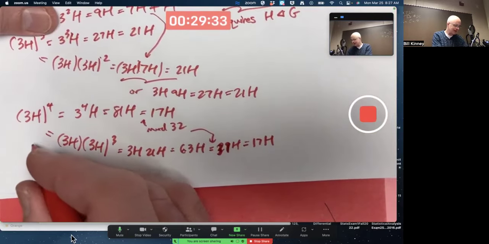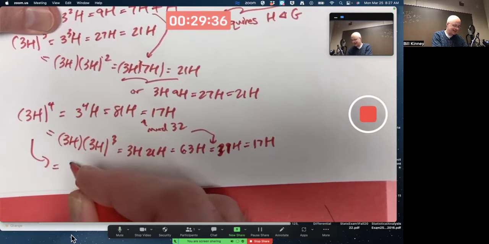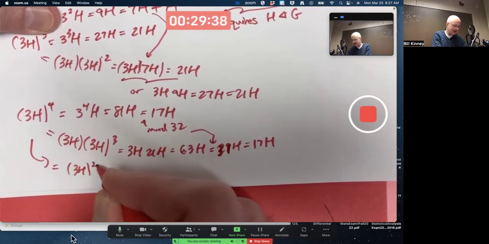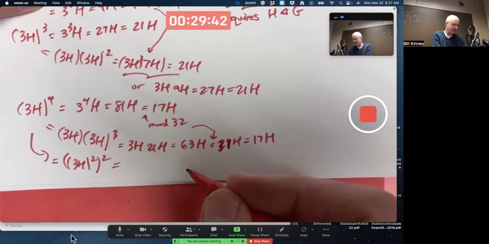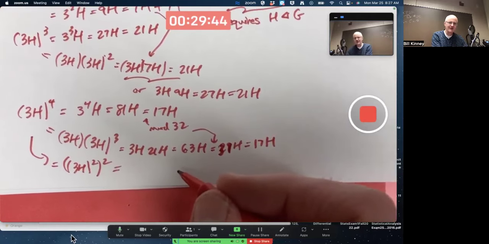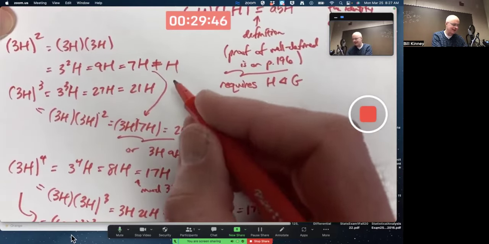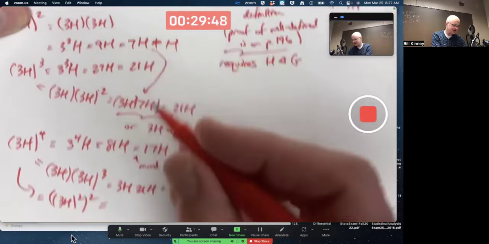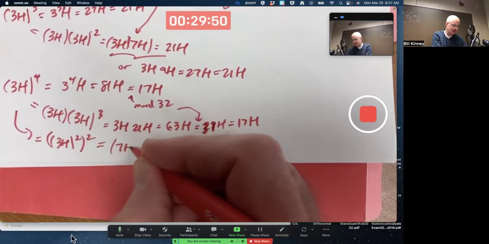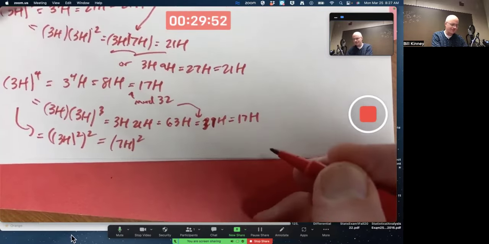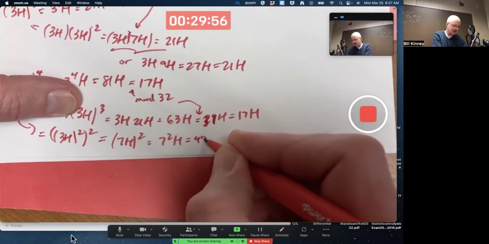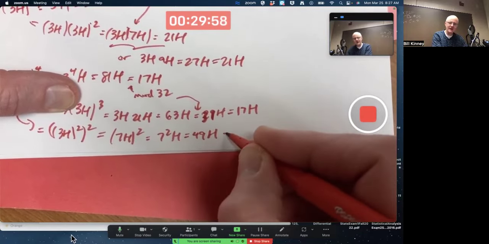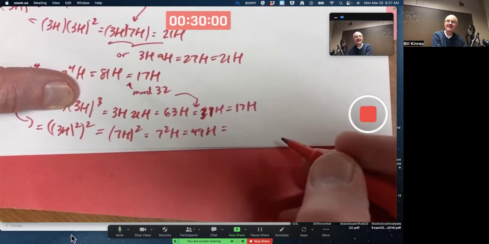I also could have done it as 3H squared squared and used my previous answer for 3H squared, 7H. This is 7H squared, which is 7 squared H, or 49H. 49 mod 32 is 17.